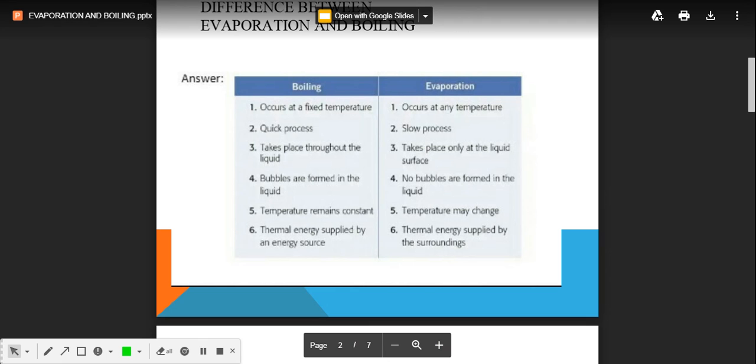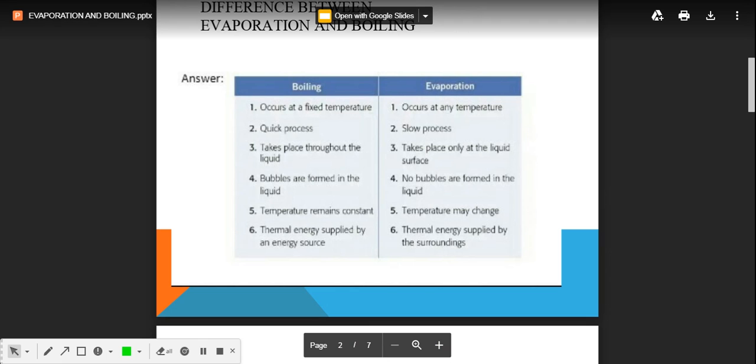Second, boiling is a quite quick process as you have to provide external heat. But as we compare, evaporation is a slow process. It can take 1 hour, it can take 5 minutes, it can take 10 minutes also, right? So, third point, boiling takes place throughout the liquid, so we call it a bulk phenomenon. Remember, I have already explained in the previous video that boiling is a bulk phenomenon, but evaporation is only a surface phenomenon.